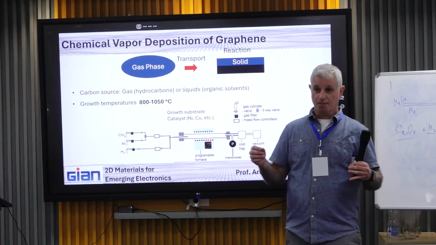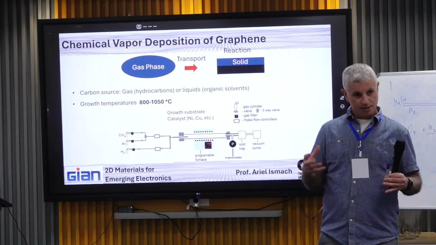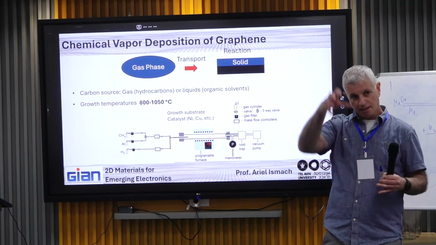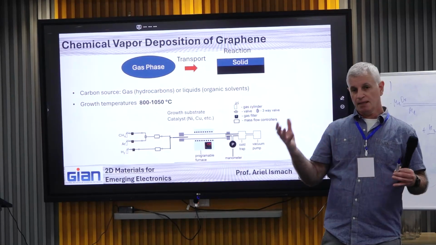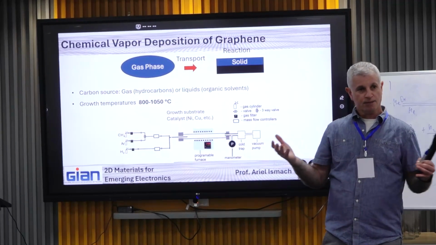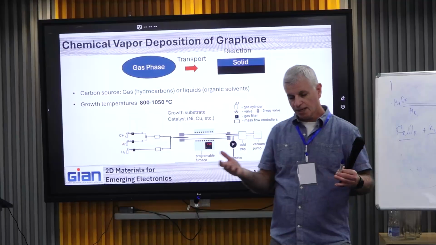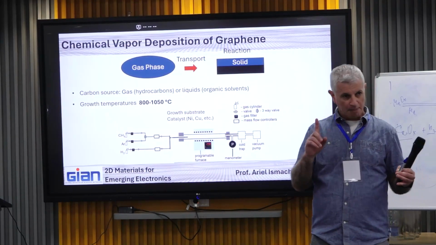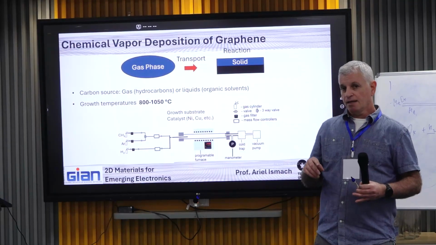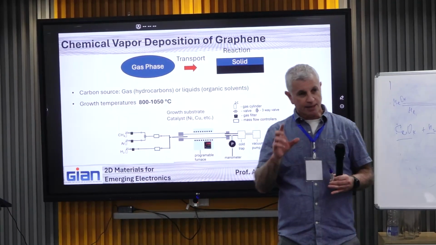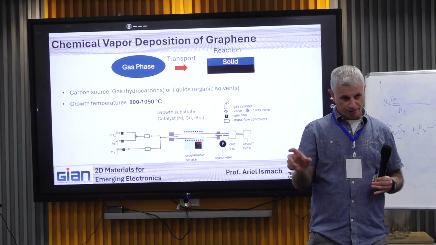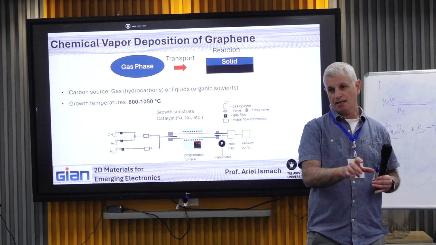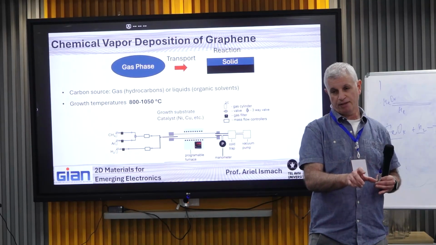These copper foils are polycrystalline. Polycrystalline means that every grain is a single crystal. But in the as-received foils, you get crystals of, I don't know, 10, 20 microns. And the crystal growth of the graphene might be related to the crystal size, to the grain size of the metal.